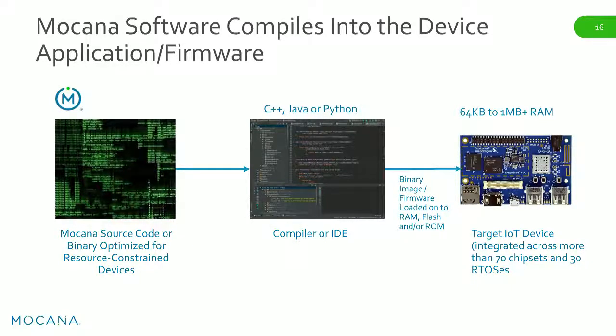Mocana can support devices with as little as 64 kilobytes of RAM on up to much larger systems. Some of what we do can fit in as little as less than 20 kilobytes. So it's designed for highly constrained systems. When we talk about TPM, you're probably not talking about a system that is that constrained.